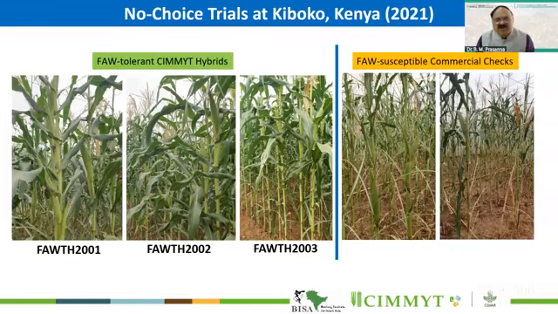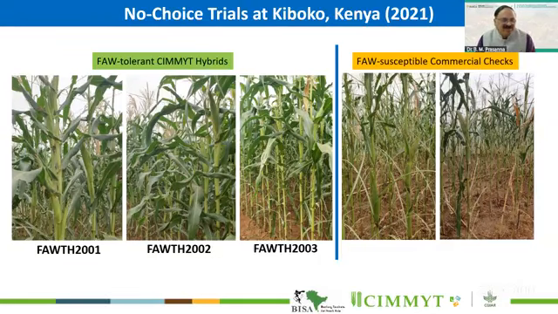No choice trial means one big screen house divided into 2 or 3 different partitions, and each of these chambers will be growing only one entry, and each and every plant in that chamber, that means even 30, 40 rows of a hybrid, are infested at the foliar and reproductive stage, and then you record the response. That means there is no confounding effect of any other germplasm, any other entry. And under such conditions, how do your entries respond? Either the insect has to survive and eat, or it has to perish.